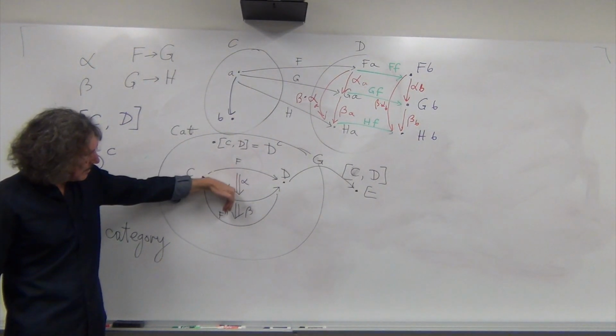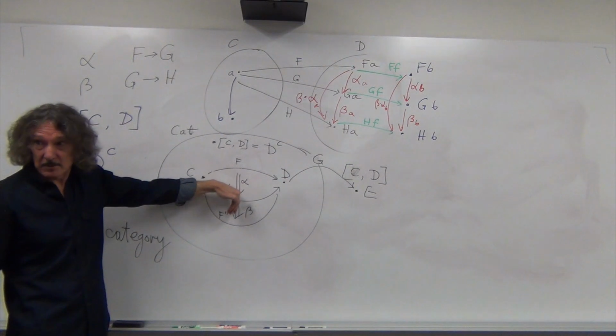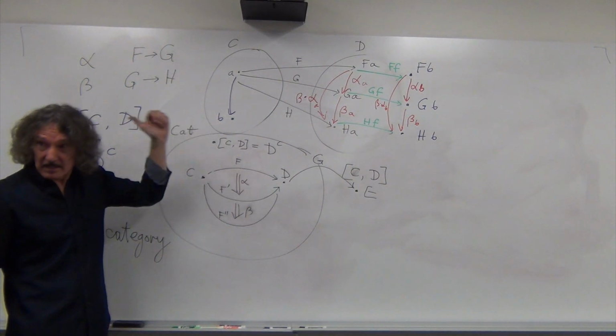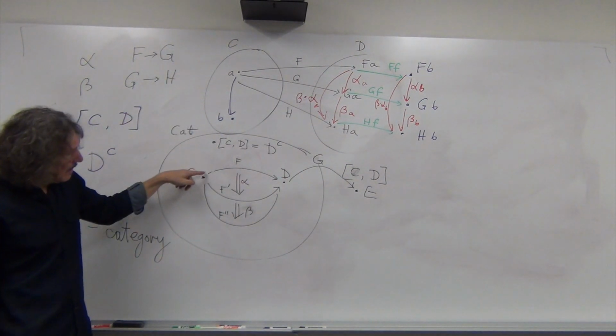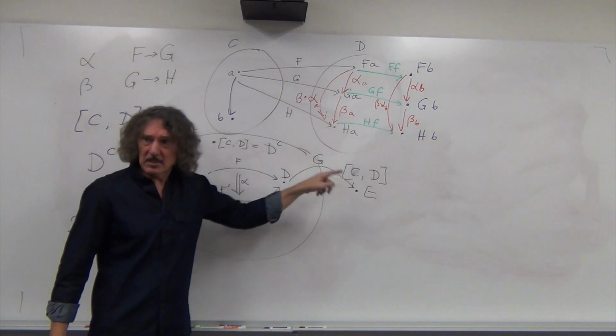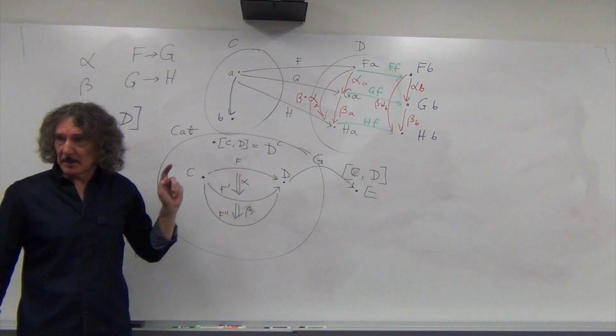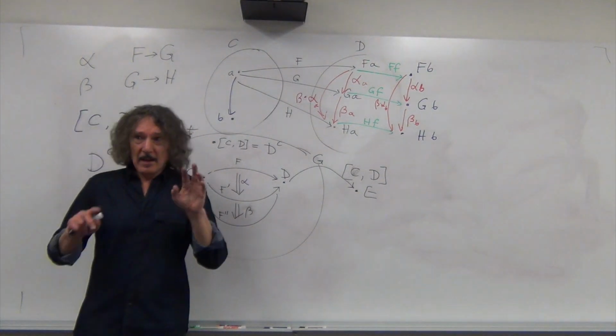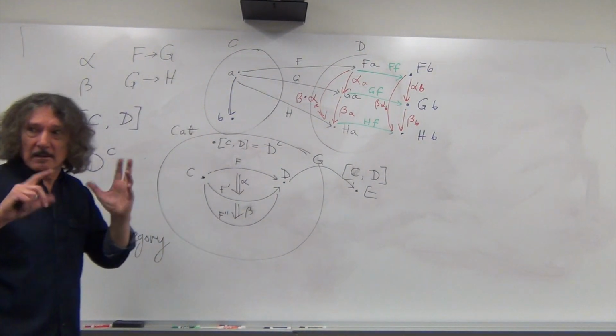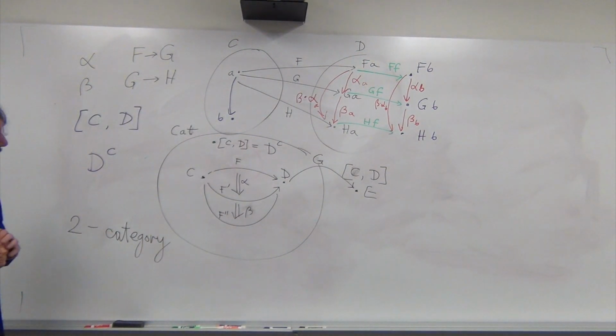So you have vertical composition of natural transformations. That's the composition I defined. You also have composition of functors going this way, right? How do these work together?